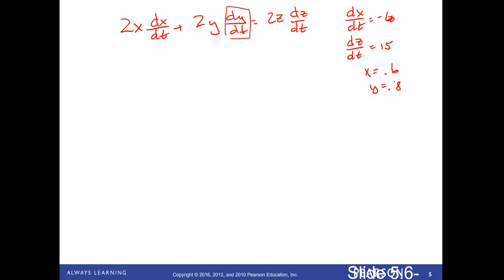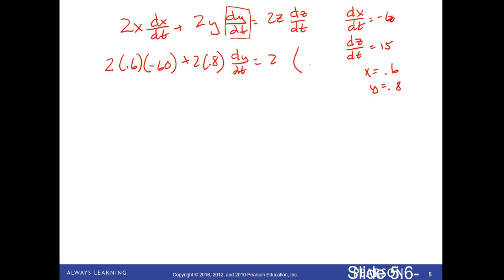And I have information now about the instant in time that I want to find these values. So when x is 0.6, and I know dx/dt is negative 60, and y is 0.8, I'm looking for dy/dt, that's my unknown.